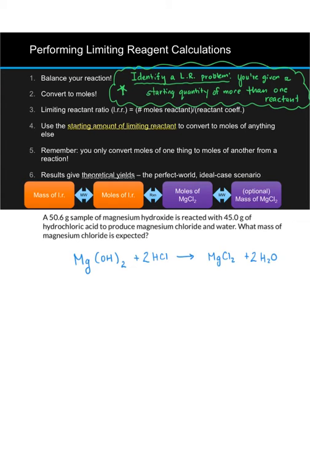What I would like to know about is which one of these two reactants will run out first. Which one is limiting? We're given starting masses of these things, so we're going to have to convert these to moles. To do so, we need the molar masses of both of these substances, magnesium hydroxide and hydrochloric acid. The molar mass, or molecular weight, for magnesium hydroxide is equal to 58.32 grams per mole.